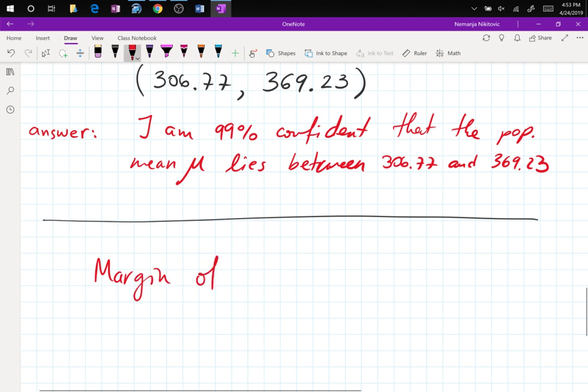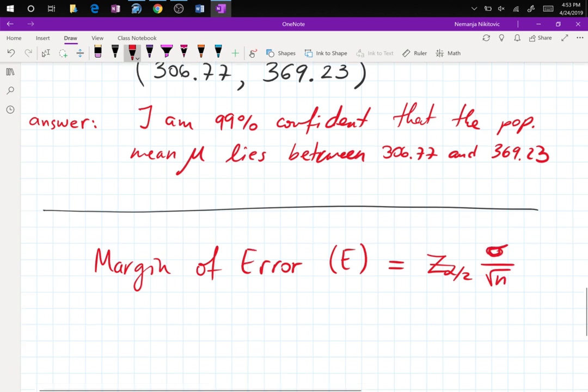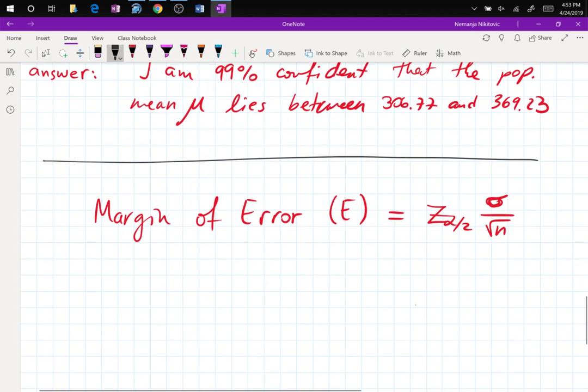Margin of error, known as capital E, is equal to Z alpha over 2 times sigma divided by root n. So just that piece of information now tells you that your confidence interval can be written as x bar minus E, comma, x bar plus E.